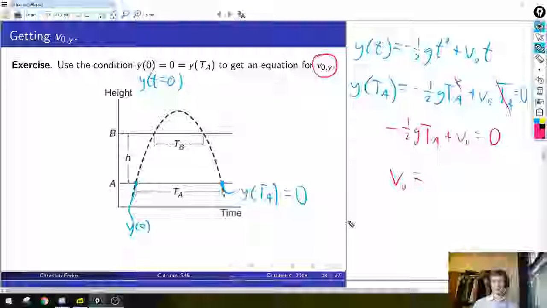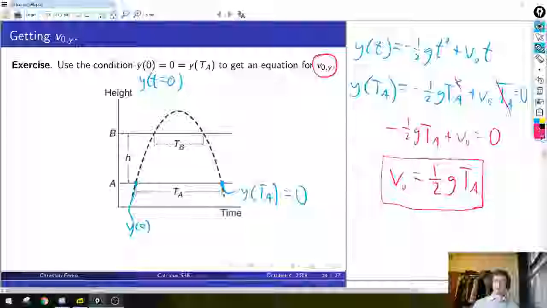I realized when I was asking the question that I was just asking you to add 1/2 g ta to both sides of this equation, which is almost too embarrassing to ask you. So anyway, what I was explaining is that the condition that y equals 0 at time ta gives us this relationship, which allows us, recall our goal was to eliminate v sub 0 in favor of other things. So we have used this equation and solved for v0 to get this expression. v0 is 1/2 g ta.